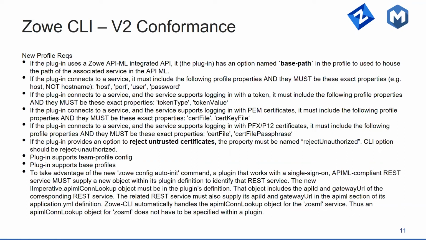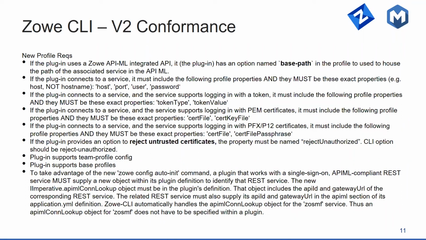Next, if the plugin connects to a service, it must include the following properties, and they must be these exact properties: host, port, user, and password. This is important for two reasons. One, obviously consistency. Two is that you can now share fields amongst different profiles. So you can group things in ways that make it easier for you to manage the configuration at your site.